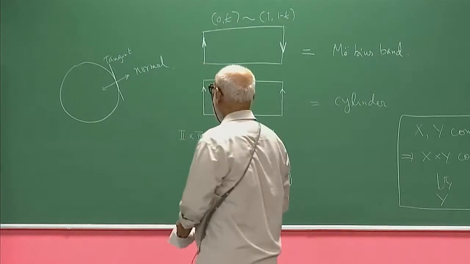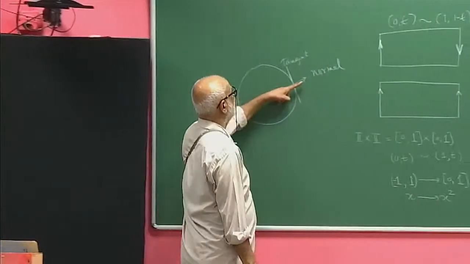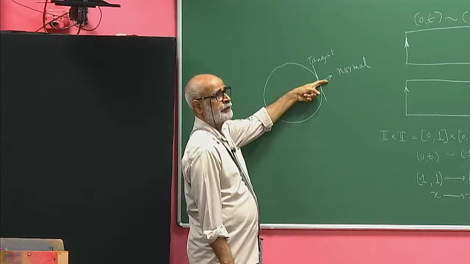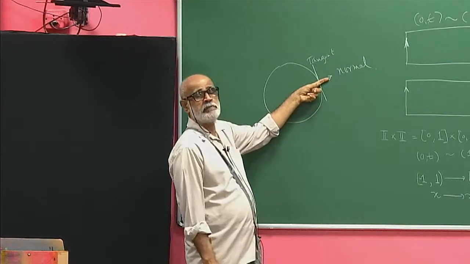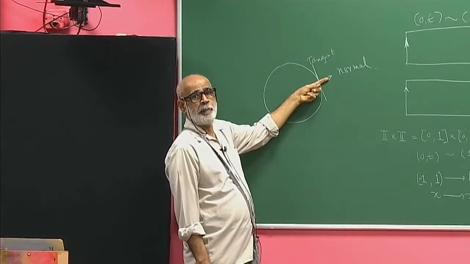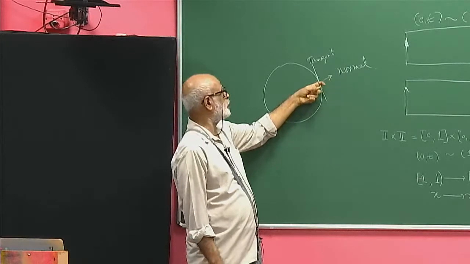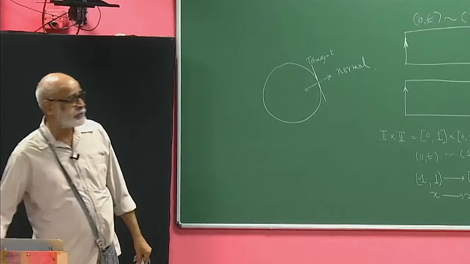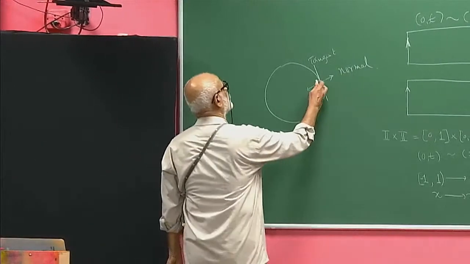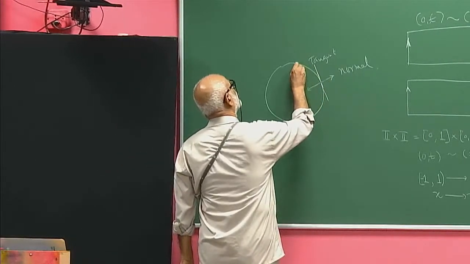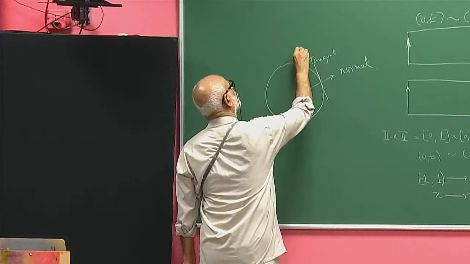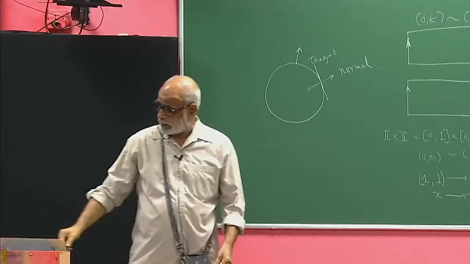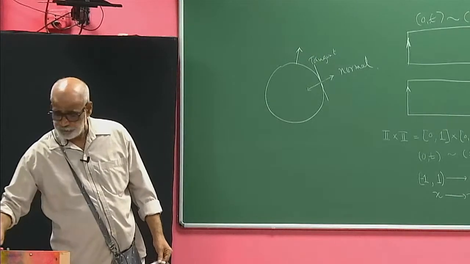For example, if you look at this normal, start moving the point, don't make any abrupt changes in the normal. Start moving this point. Okay, then what happens? You will start moving this way. For example, you come here. So the normal will still be like this. Okay, I am looking at this normal. Let me put a different color here.